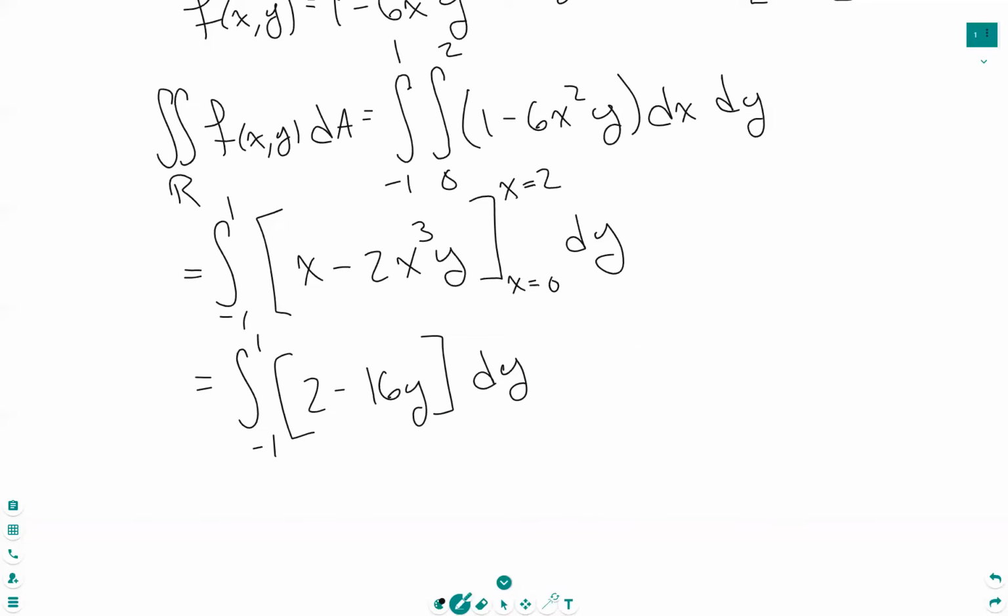Well, we can do this. Once we integrate, we get 2y minus 8y squared. And we're evaluating this when y is equal to negative 1 and y is equal to 1. So we plug those in, and we get 4.